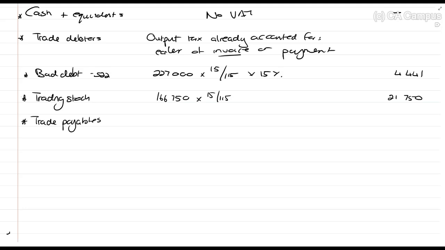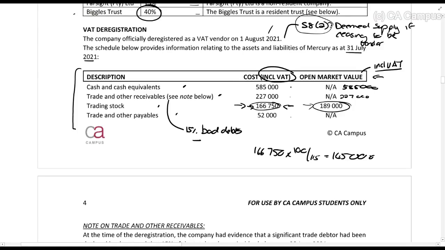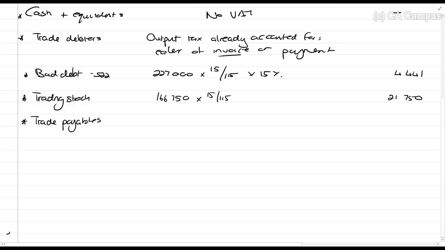Okay, and then trade payables. Now remember, the whole idea here is that the trade payables is when you received an invoice there for the trade payables, you'll reclaim the input tax. But now, by the time you pay it, you're no longer going to be a vendor. So SARS wants to make sure that we're not trying to manipulate anything, so we have to calculate it on our trade payables.